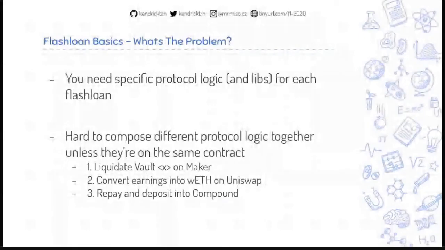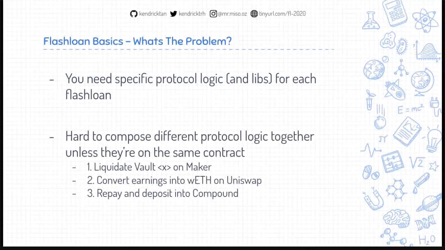So the problem is your contract that is flash loan compatible also needs to provide specific protocol logic and possibly their respective libraries for each flash loan. This makes it very hard to compose different protocol logic together unless they're in the same contract.